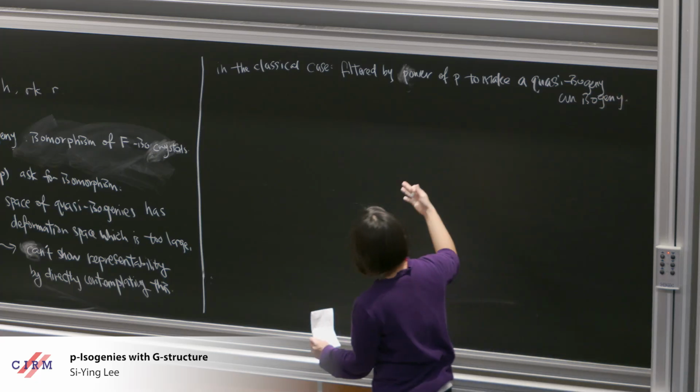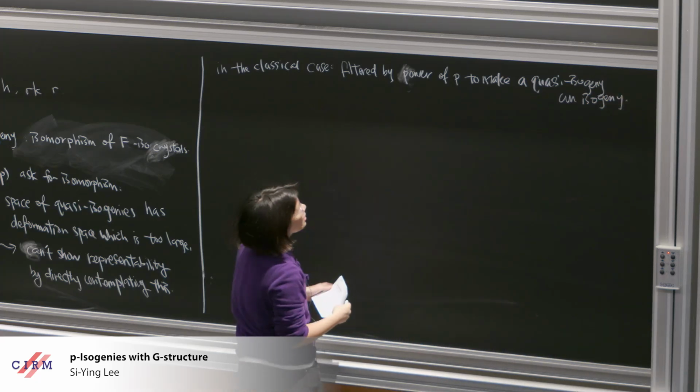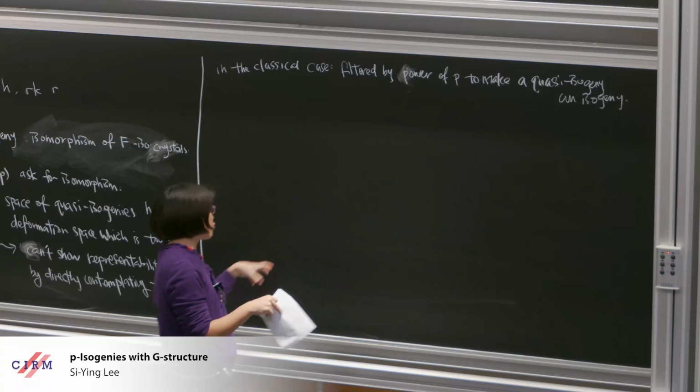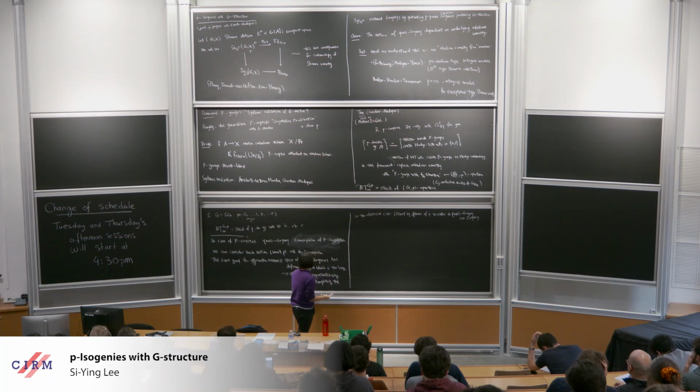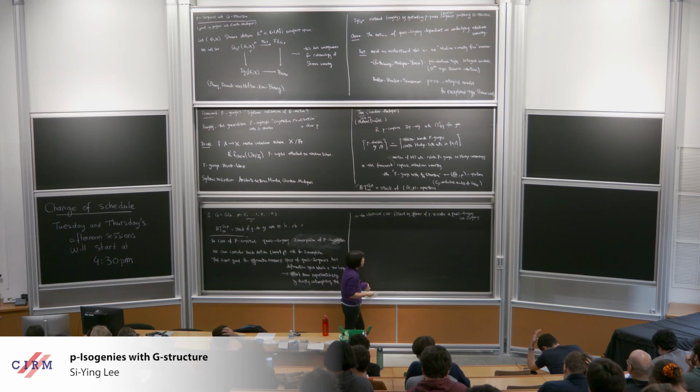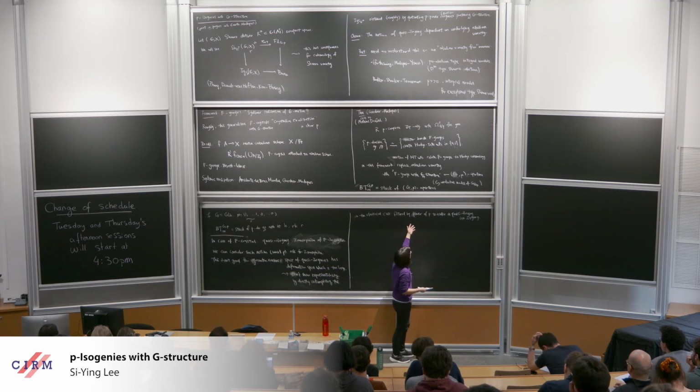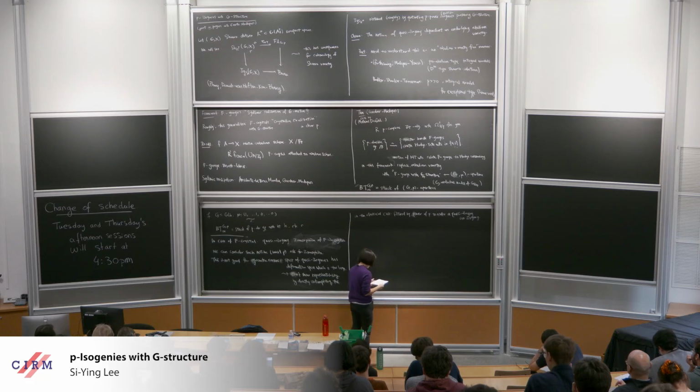And this idea of filtering allowed you to produce pieces of the space which are representable, and then after that you take the limits. So you get a pro-object, built out of formal objects, such that each piece is of finite type, for instance.